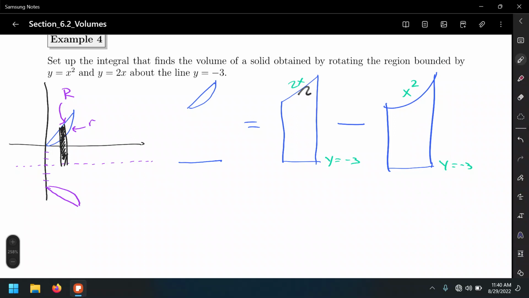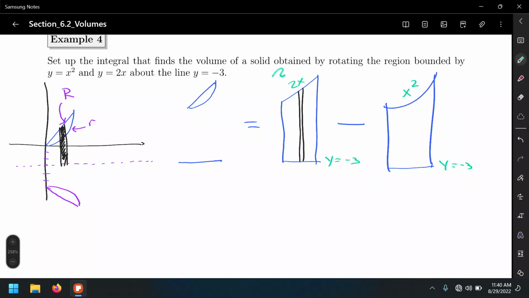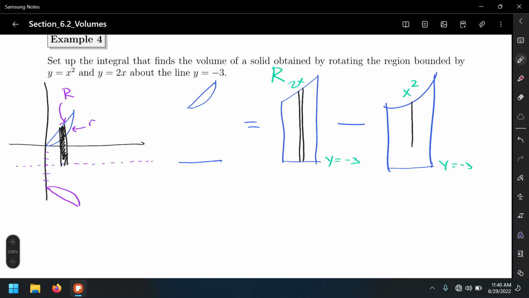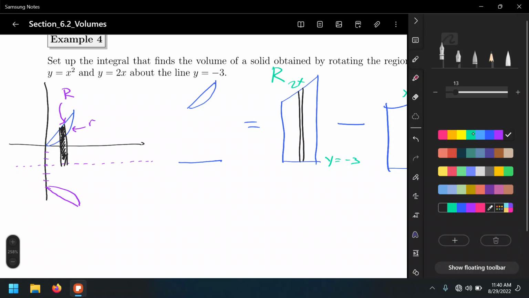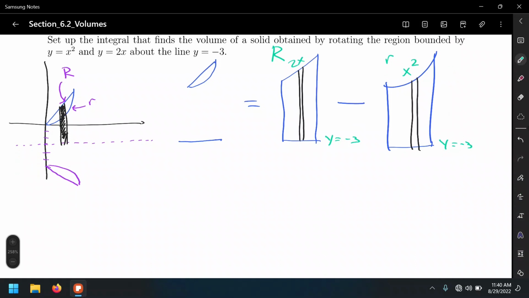So we're doing again the top minus bottom for big R, the outermost radius, and we're doing the taller minus shorter, or the top minus bottom, as well for the little radius, little r, the innermost radius.